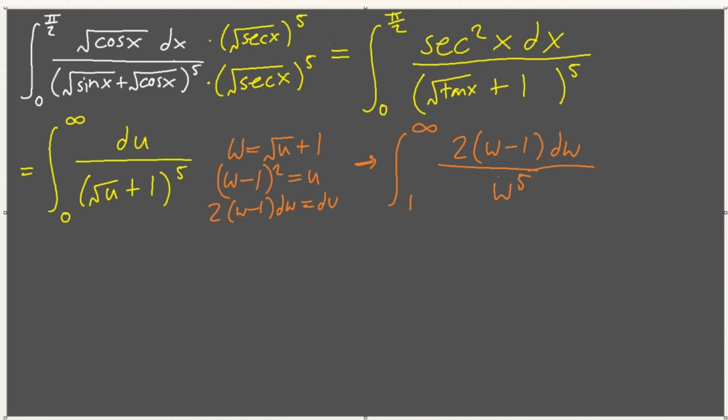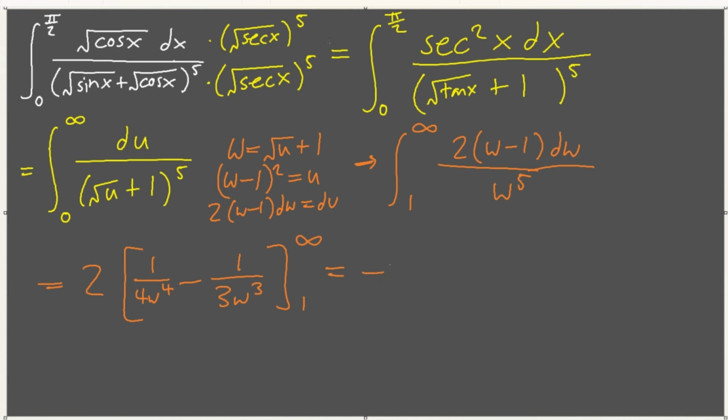And look, this is just straight up power rule. So now we have 2, this is 1 over w to the 4, so we get 1 over 3w cubed. I'm sorry, that should be negative, so I'll put it right here. This negative becomes a positive, this is 1 over w to the 5, for w to the 4, onto infinity. Plug in infinity, everything's 0.